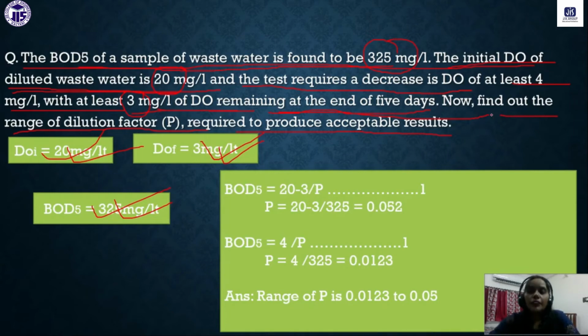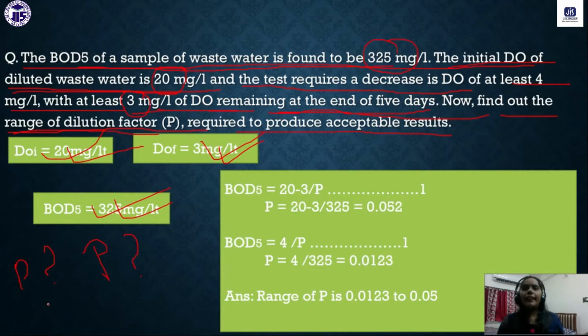Okay, now find out one more thing. Now find out the range of dilution factor. Look here, the range of dilution factor. That means while you have this type of question, the range of dilution factor, you have to calculate two p-values. Consider if one value is 2 and second value is 4.